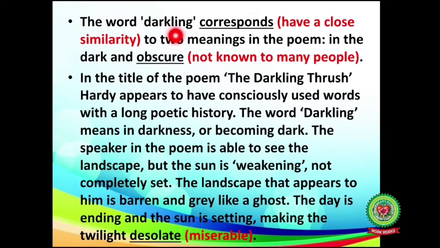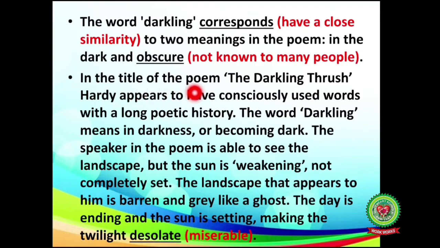The word darkling corresponds to two meanings in the poem: in the dark, and obscure. Correspond means have a close similarity. Obscure means not known to many people. So the word darkling has two meanings in the poem. The first meaning is in the dark and the second meaning is not known to many people.